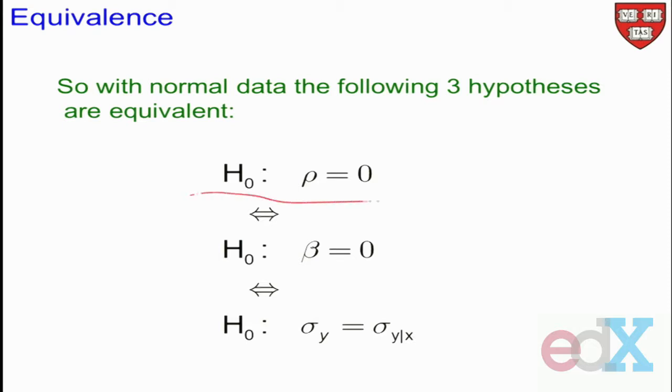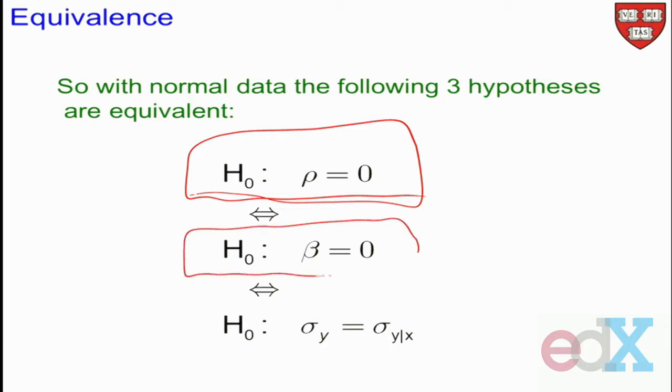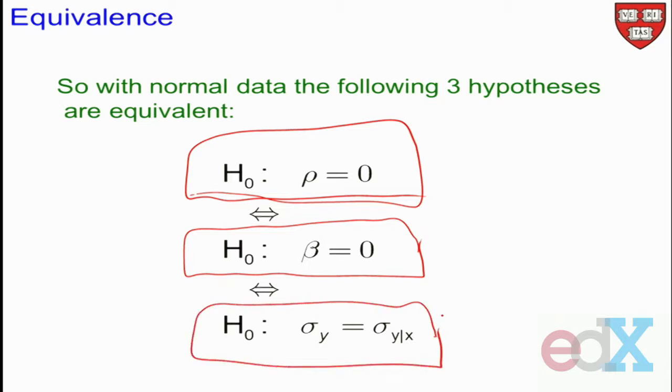One, the hypothesis that the correlation coefficient is equal to 0 is totally equivalent to the hypothesis that, and this is the one that we always focus in on, the slope of the regression line is 0, and that's the same as the standard deviations being the same: the standard deviation ignoring the covariate x and the standard deviation when you do bring the x into account. These three statements are equivalent.